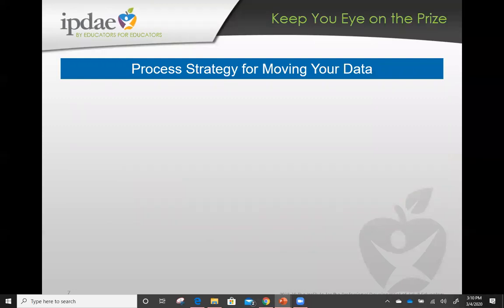Now, as I present all of the components of the matrix suite, we're going to use a presentation approach. Instead of presenting all of the components of the suite one by one and breaking it down, we're going to present it in such a way that it aligns with a certain strategy for leveraging the resources of the matrix to move your data.